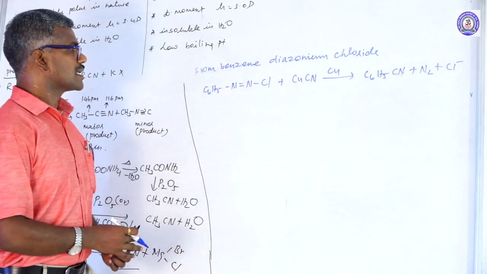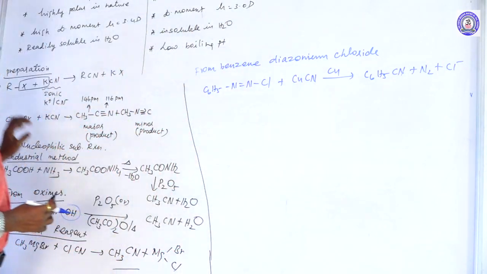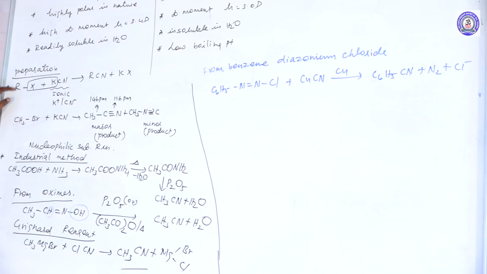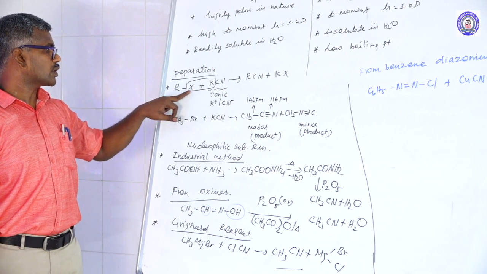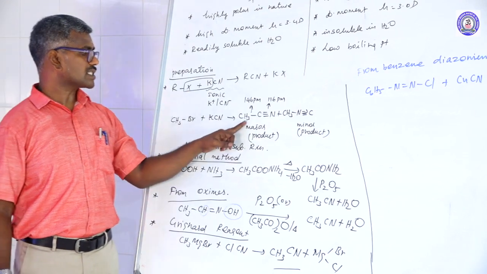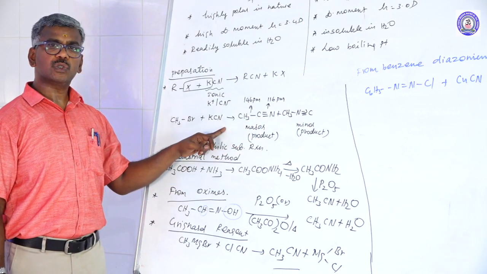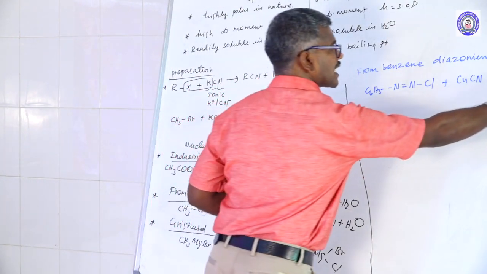This is a preparation of aromatic compounds. The previous reaction is a preparation of aliphatic compounds, where an alkyl group attached to a halogen forms methyl cyanide. This method does not prepare phenyl cyanide.